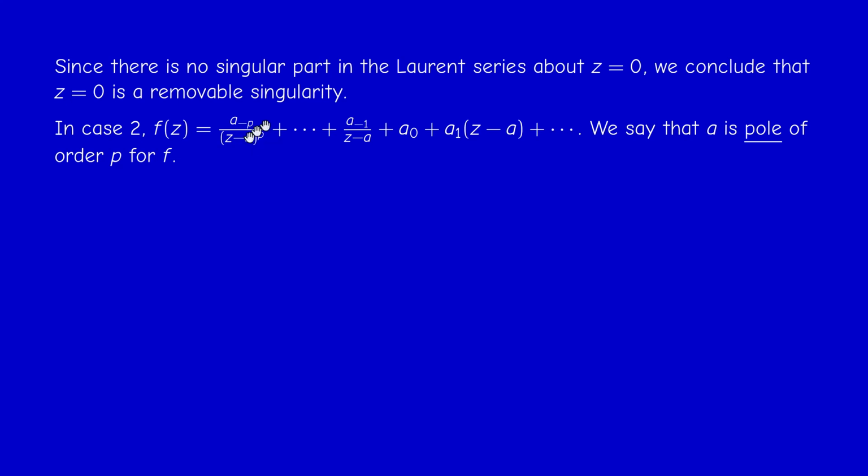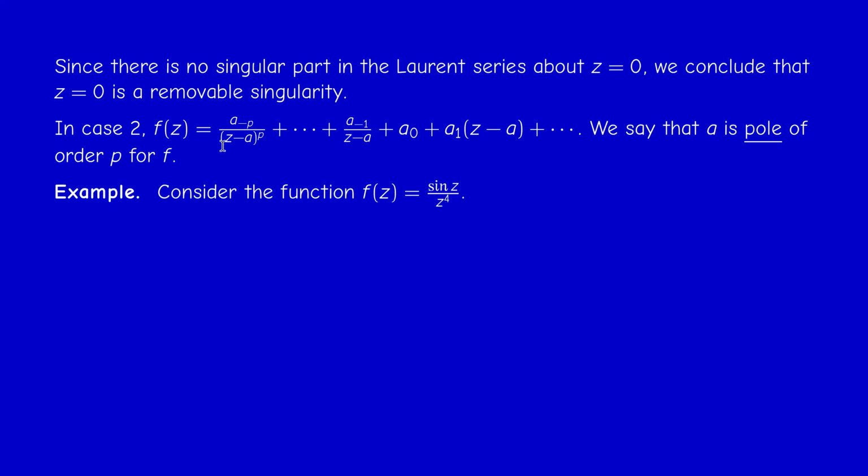And the p actually is the biggest integer, or the maximum of capital A, if you like, the biggest element in capital A. And if a is a pole, then the coefficient should be non-zero. Okay.